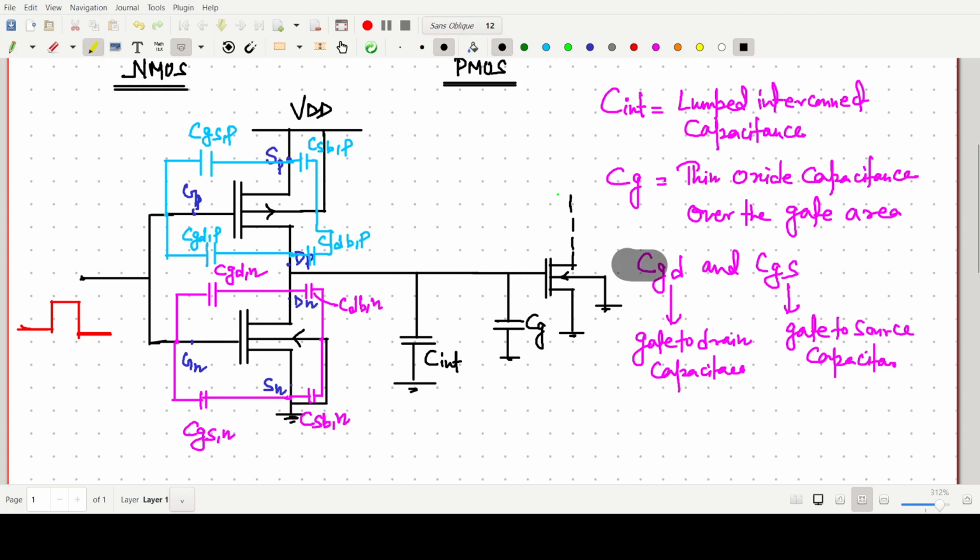these two capacitances, CGD and CGS, the parasitic capacitances, are primarily due to the gate overlap with diffusion.